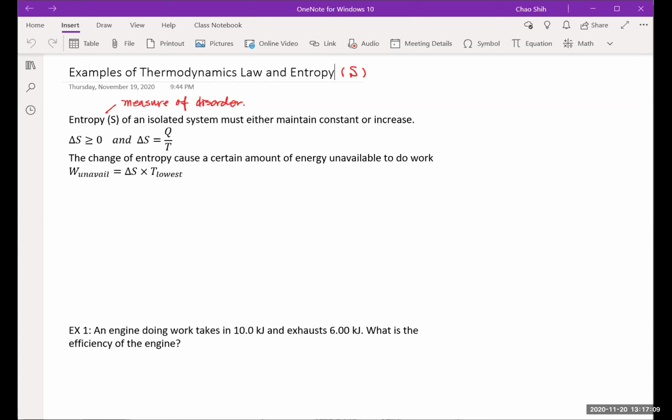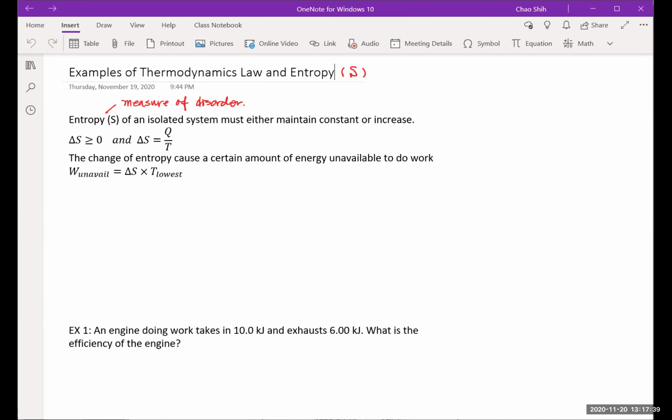For example, if you put a bottle of perfume in a room, the perfume particles will release from the bottle, go into the room, and fill the room. Because nature has this kind of tendency, it tends to become disordered. That's why the perfume will evaporate and go into the room.